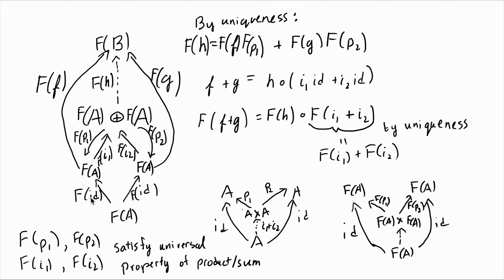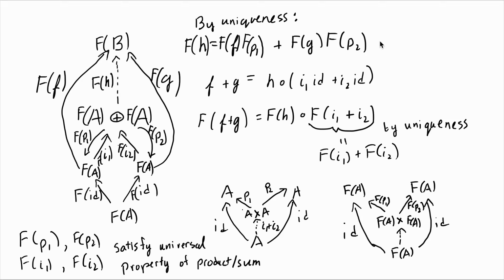So we have this diagram, and this unique map, F of h, because by uniqueness we get the same type of thing going on for the same reason, because of these being inclusion and projection maps. We can express it the same way we did h in the following way. It makes a diagram commute for a similar reason.